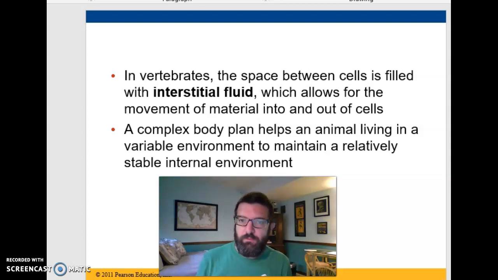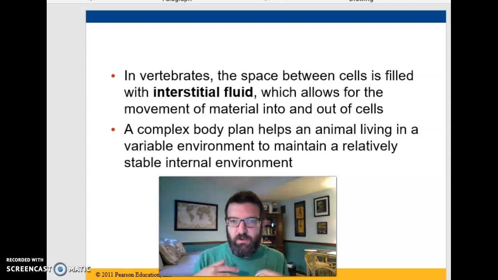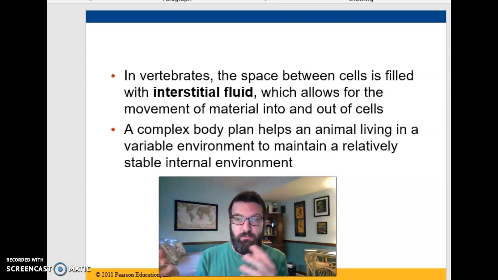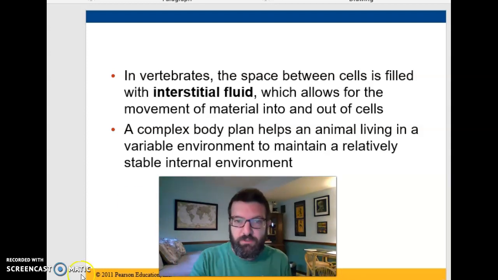And in vertebrates, we call that space between the cells that's full of fluid the interstitial space, with interstitial fluid, and that allows stuff to diffuse in and out of cells, and then it'll diffuse between the interstitial fluid and the blood, back and forth. And these complex body plans can allow animals to get much, much larger than they would otherwise be able to be, and they can maintain a relatively stable internal environment even if the external environment is a little bit more variable.